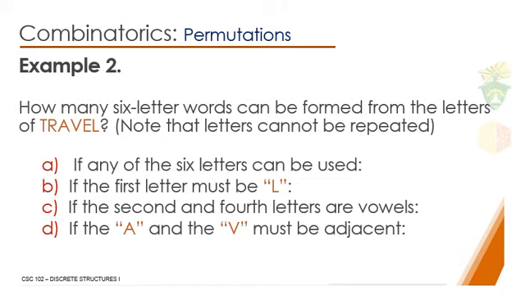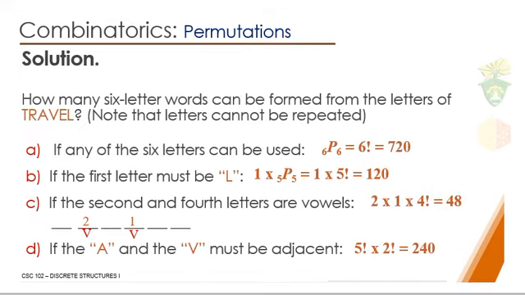Second case: if the first letter must be L. Third case: the second and fourth letters are vowels. And in the last case: if A and V must be adjacent. Let's use the formula and consider the restrictions given in the problem.